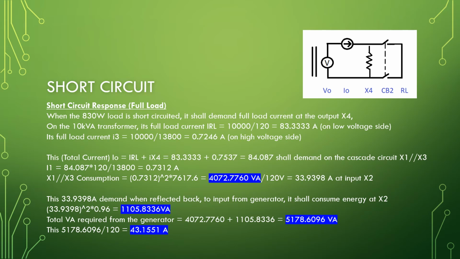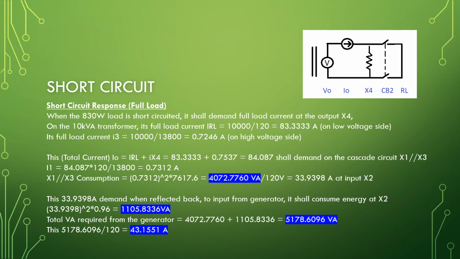X1 parallel X3 consumption equal to 0.7312 square times 7,617.6 equal to 4,072.7760 VA divided by 120 volt equal to 33.9398 ampere at the input X2.